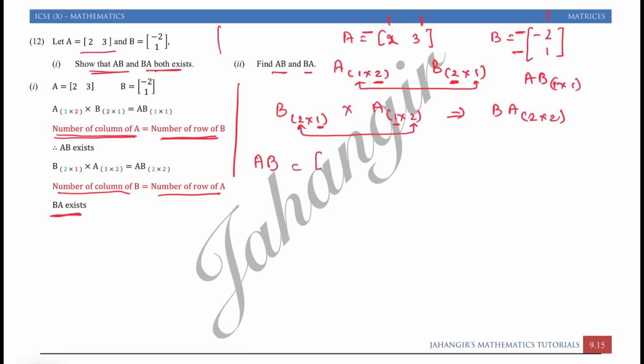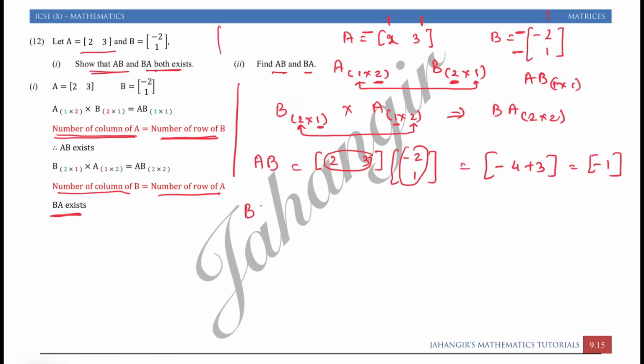So let's write first AB. AB is [2, 3] into [-2, 1]. Here we have one row, one column, so it's just one term. 2 into minus 2 is minus 4, plus 3 ones are 3, that is equal to minus 1.